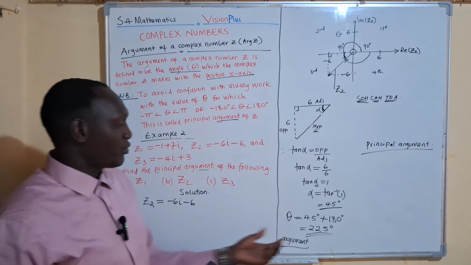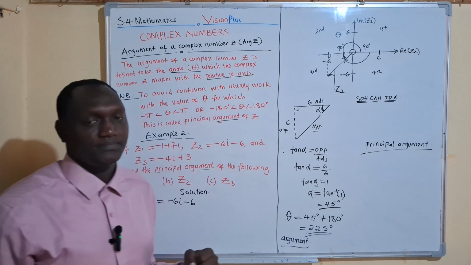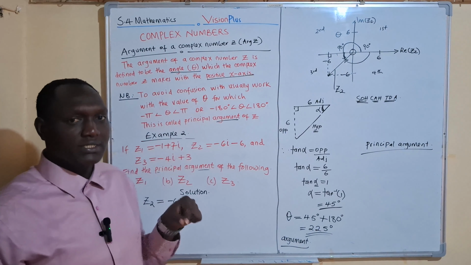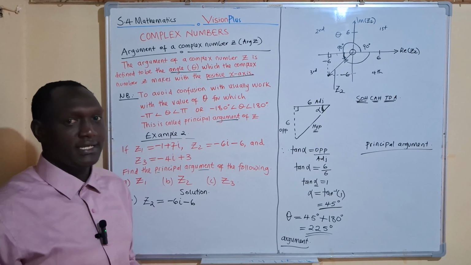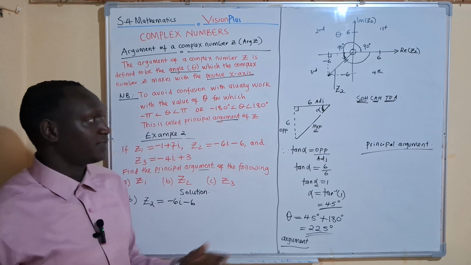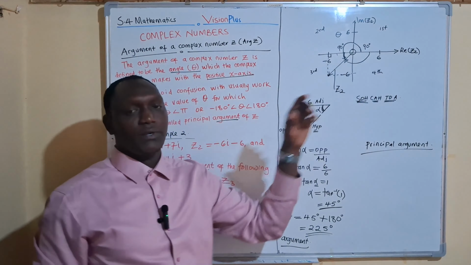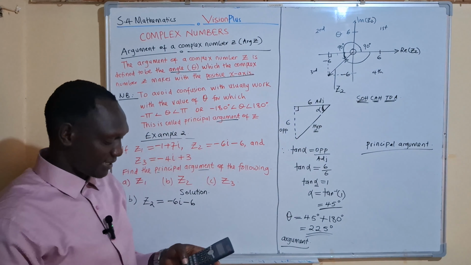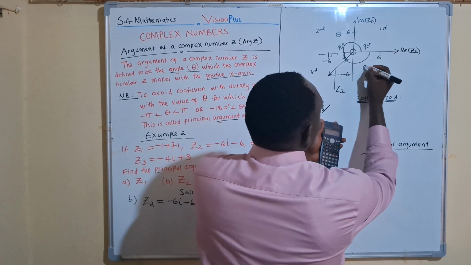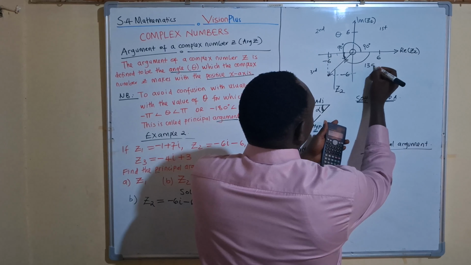We already have 225, and the whole circle has 360 degrees. So to get the portion we can measure clockwise, we say 360 minus 225, which gives 135 degrees.